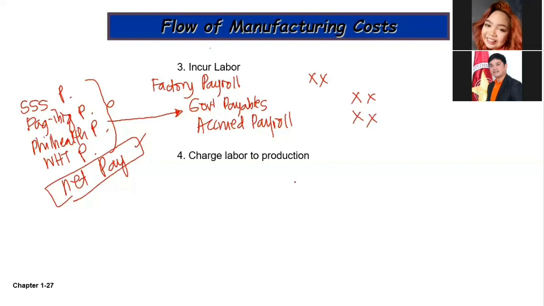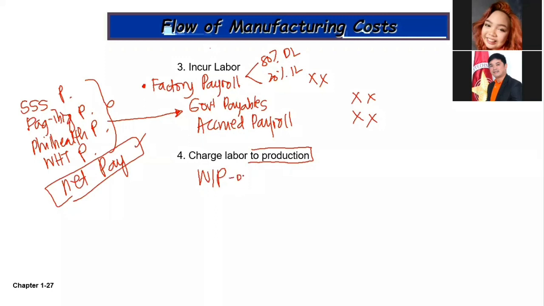Ayan. This time, bilang cost accountant, we have to charge the factory payroll to production. Some of the payroll, sasabihin yan, 80% ay direct labor, 20% ay indirect labor. So, ang mangyayari dito, debit work in process. Di ba sabi sa inyo, whenever you charge to production, may work in process dyan. Basta direct.